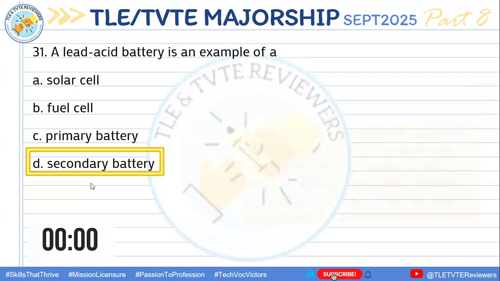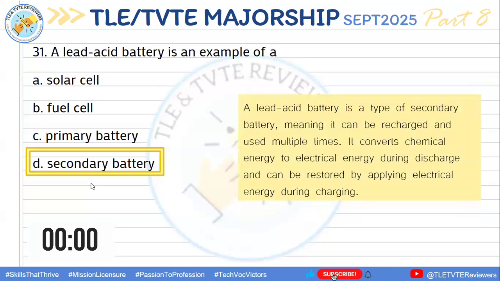Answer letter D, secondary battery. A lead acid battery is a type of secondary battery, meaning it can be recharged and used multiple times. It converts chemical energy to electrical energy during discharge and can be restored by applying electrical energy during charging.